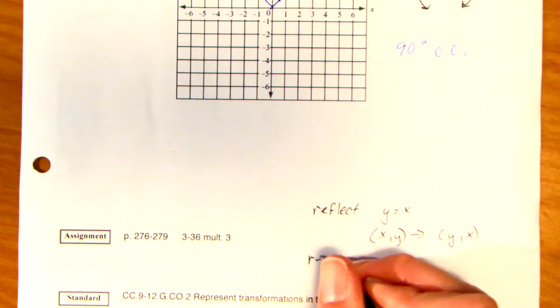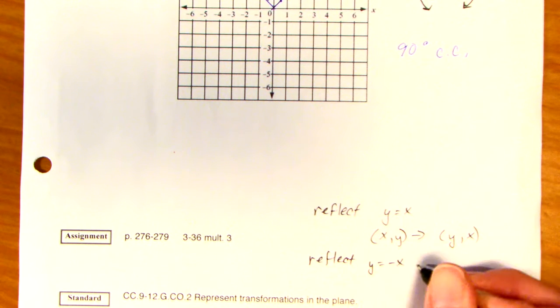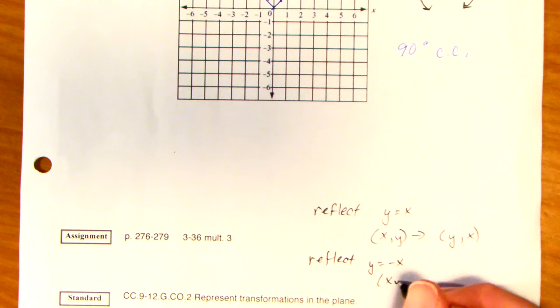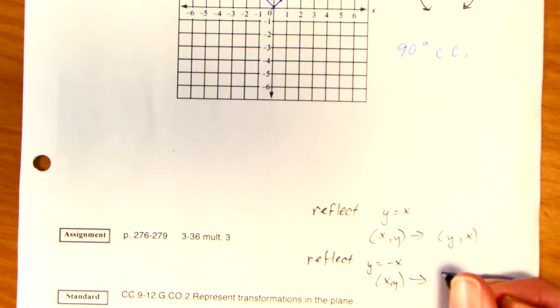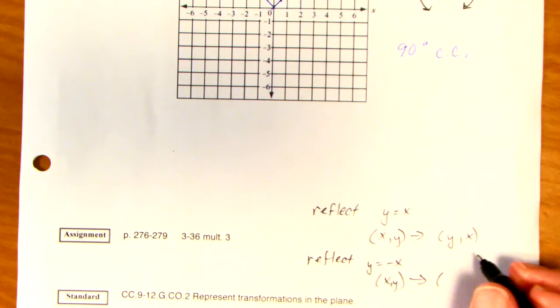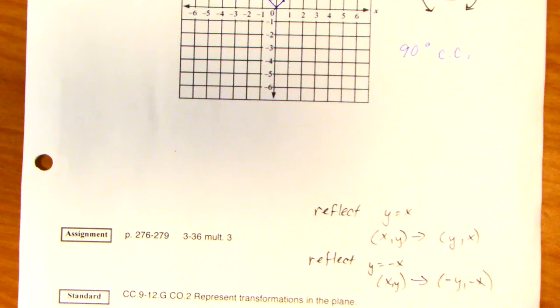Now if we're going to reflect it over the line y = -x, watch this, (x, y) goes to, I think I made a mistake with this. Maybe not. (-y, -x). No, I think that's about right.